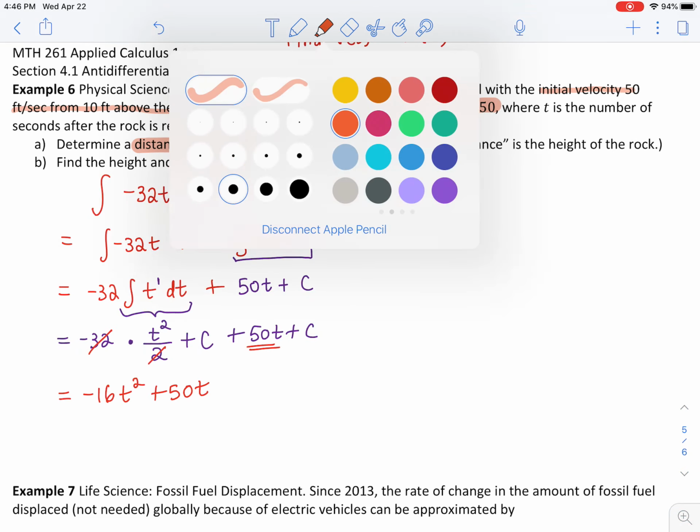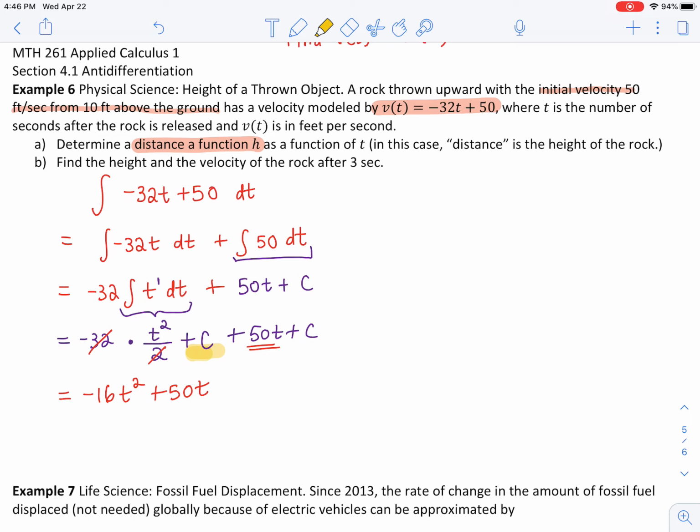Now let me copy down this 50t plus c, and simplify. Negative 32 divided by 2 gives negative 16t squared. I'll bring out that plus 50t. We could combine this c and the other c and call it 2c, but we don't have to. We're just going to say plus c for some constant c.